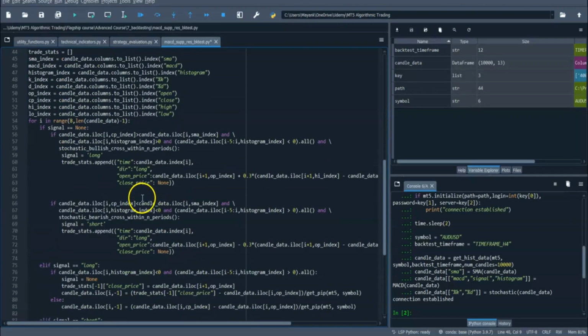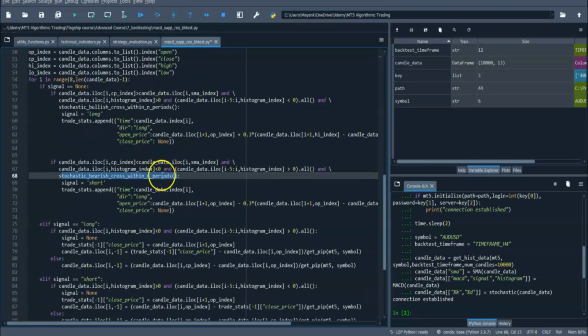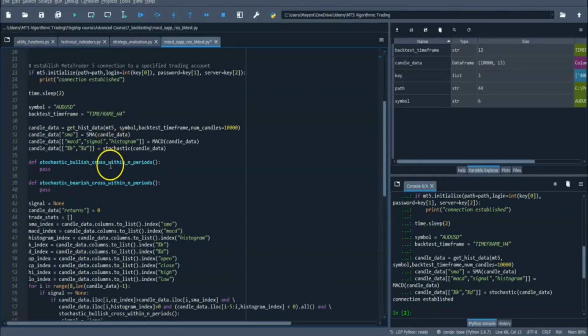Alright, so all that I did in this case is, the logic that I found a bit difficult to implement, I removed it from the overall code flow and created a function for it, and now I'll try to implement it.